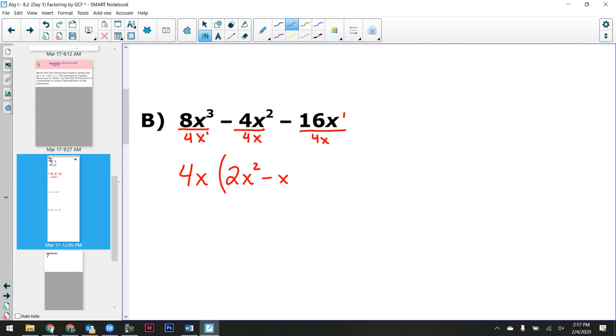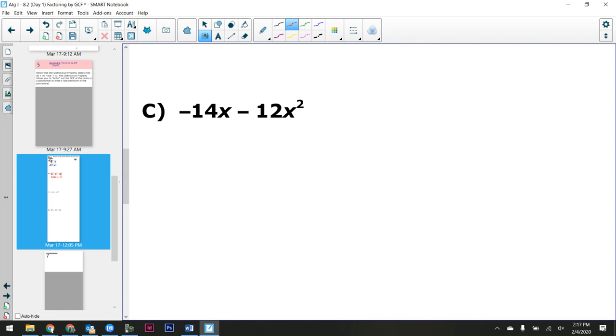The x's cancel. Do we have any common factors between all three parts left inside? No, then it's fully factored down. You may be thinking, whoa, I see a 2 and a 4 in there. That has common factors. But look at the middle term, it's a 1. It has to be within all three to factor it out.